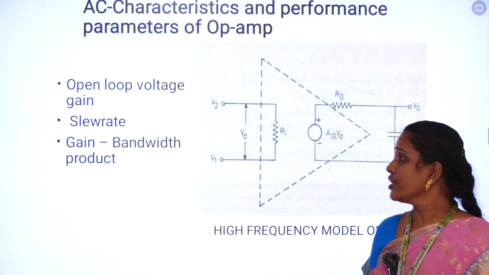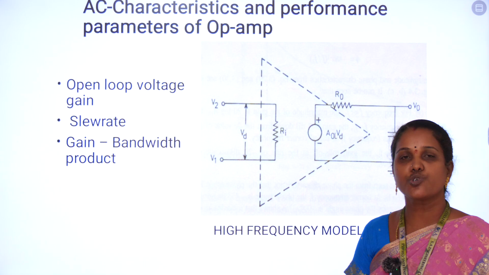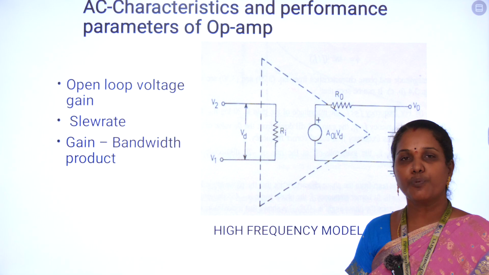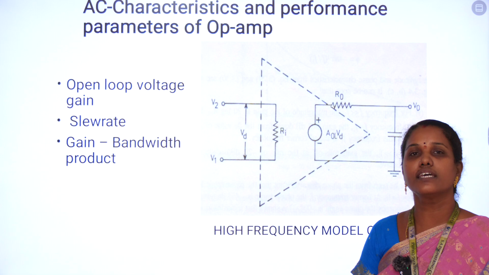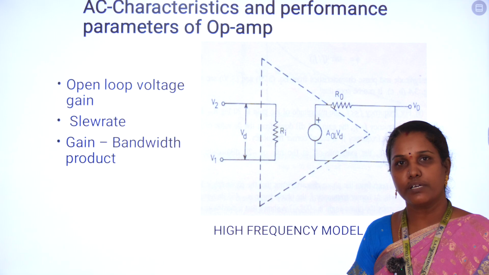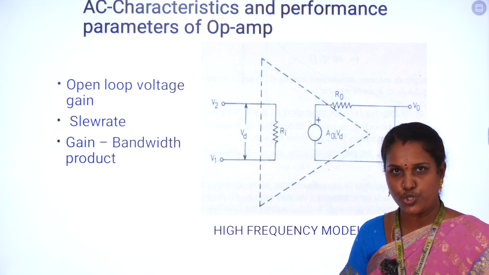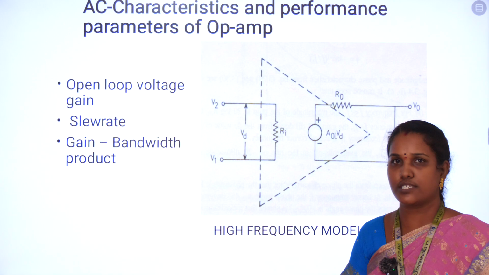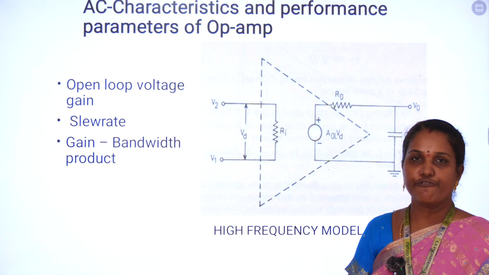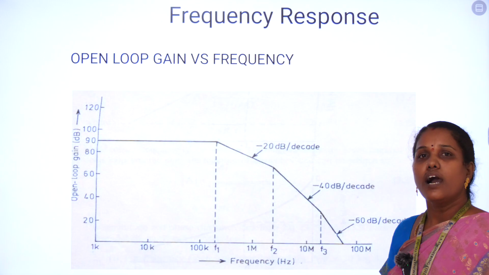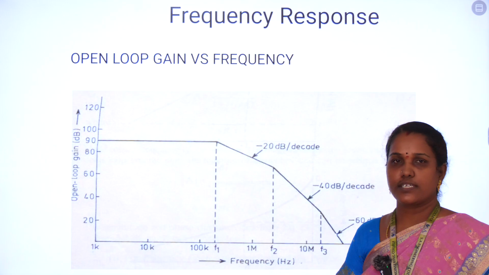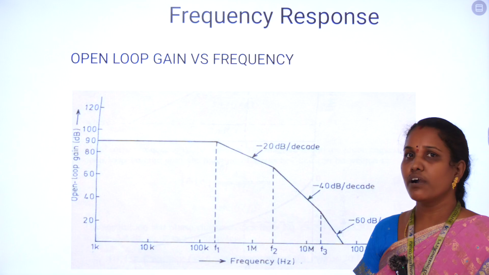So according to these DC characteristics, you want to nullify the input bias current, input offset voltage, output offset voltage, and thermal drift. Due to the thermal drift, the output is also not equal to 0 when the input difference is 0. You can nullify this using the offset null pins, pin number 1 and pin number 5.